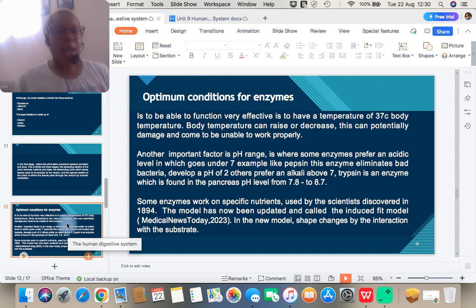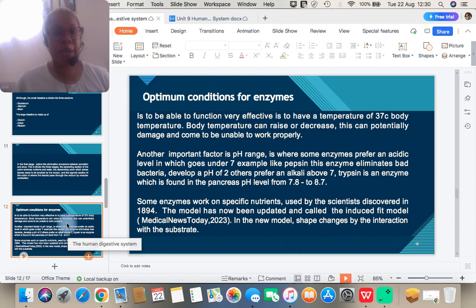So let's talk about optimum conditions for enzymes. To function very effectively, they need a temperature of 37 degrees, body temperature. Body temperature can rise or decrease, which can potentially damage enzymes so they are unable to work properly. Another important factor is pH.